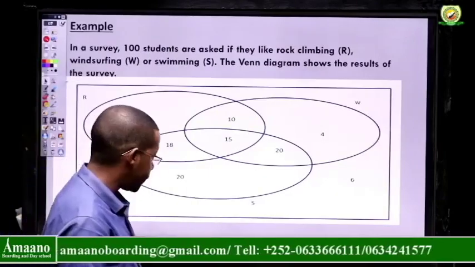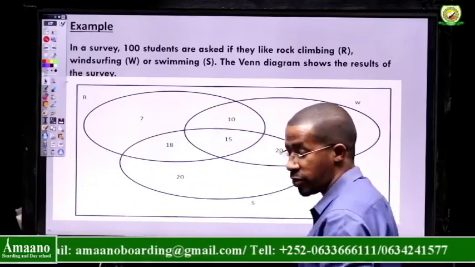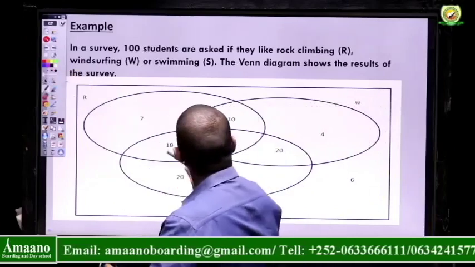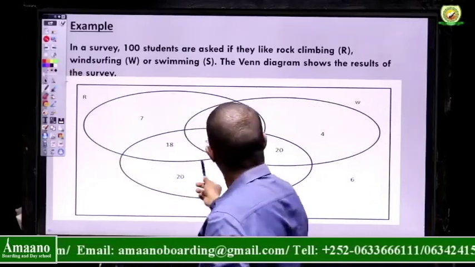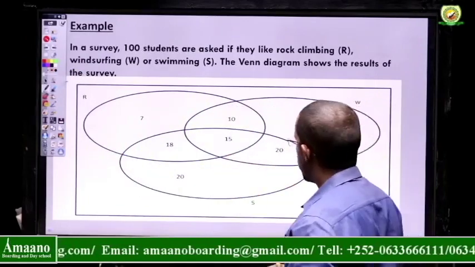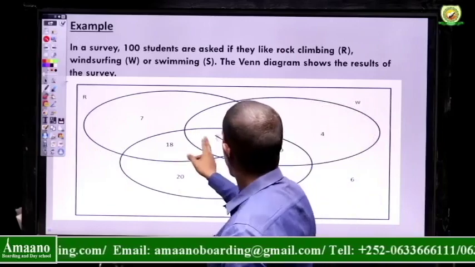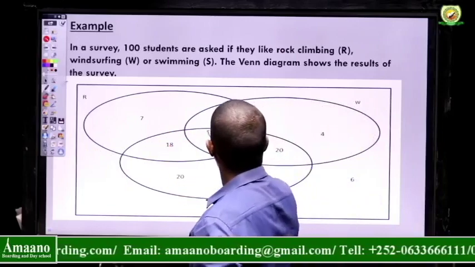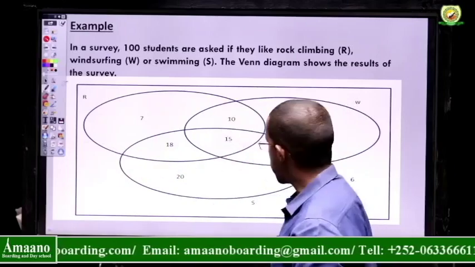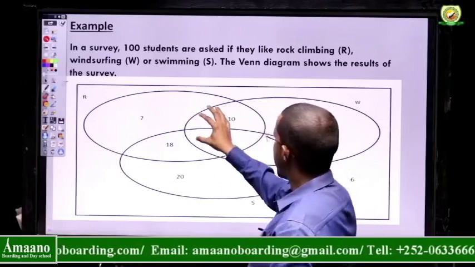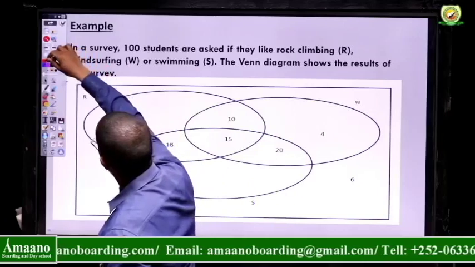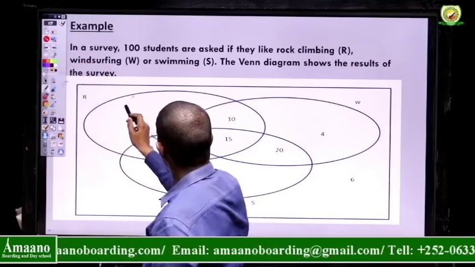Remember, the condition is the student likes rock climbing. So we will restrict ourselves here. This will be our sample space now. The total will be 33, 40, 50. So now the total number of students is 50. Then you check how many do not like swimming.